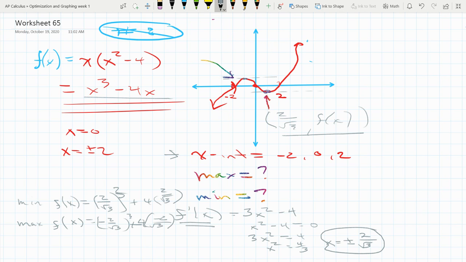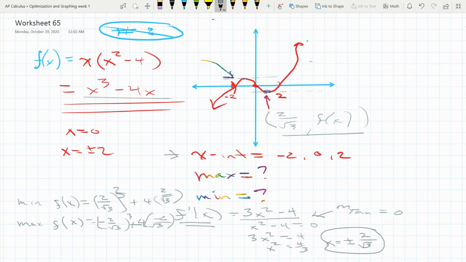You find your max and minimums by setting your derivative equal to 0, because that's going to be the slope of the tangent line is equal to 0. And then once you find that, you plug it into the original to get your points. So we want to label the points specifically. And then the last thing they want you to do is find the intervals where it's increasing and decreasing.